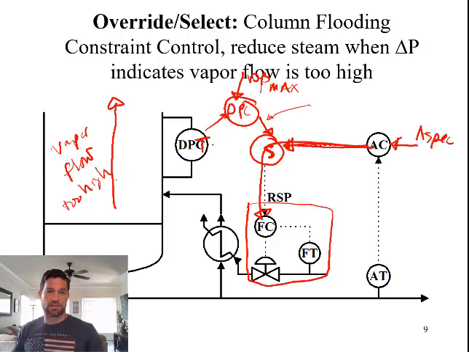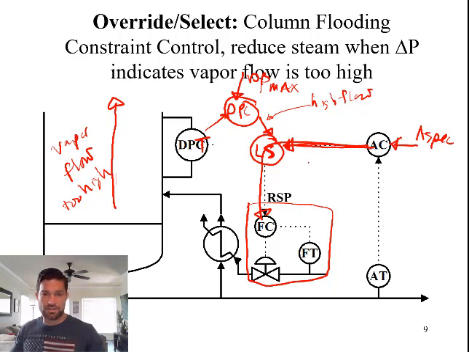Well, high flow of steam is going to cause high vapor flow, which is going to cause high delta P. So this would be a high flow to get to the safety constraint. Therefore, since this signal is a high flow, I want to select for the composition controller most of the time during normal operation. Therefore, I need a low select controller.